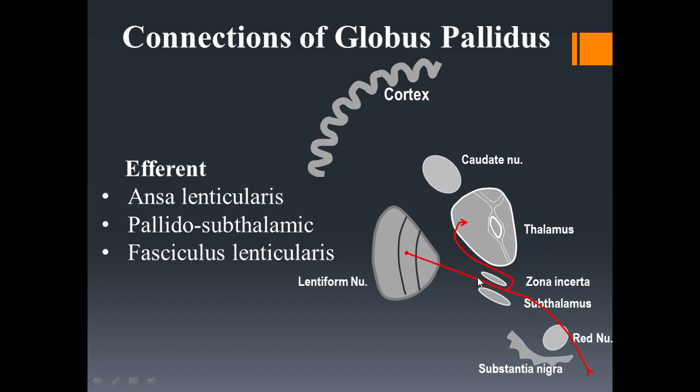The fibers pass between the subthalamus and zona incerta. Then these fibers wind around the zona incerta and pass upward and join with the other efferent fiber, the fasciculus lenticularis, to form the thalamic fasciculus.